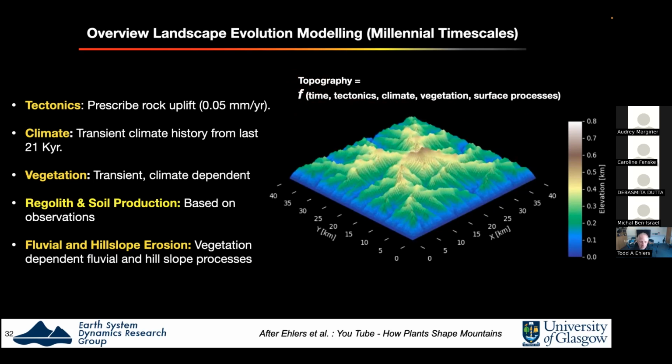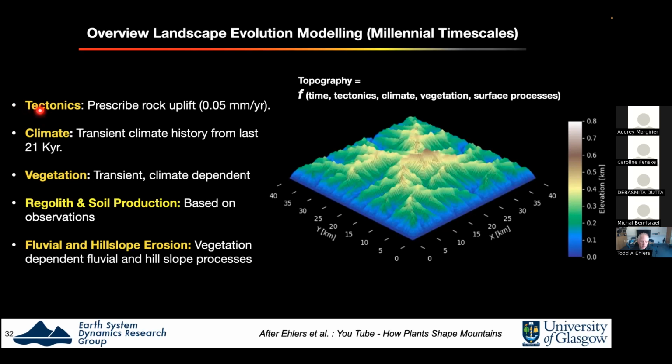My background's actually originally in tectonics, and I spent a lot of time in a previous project looking at how tectonics is varied in these different study areas. And basically, we have a very low rate of rock uplift that's going on in this area here. These constraints mainly come from thermochronology type studies here.